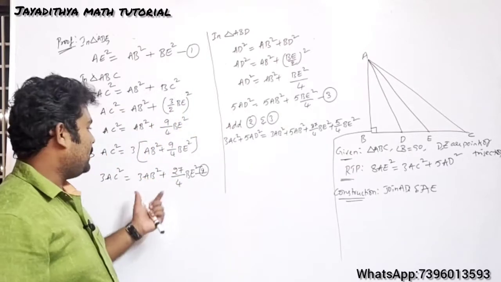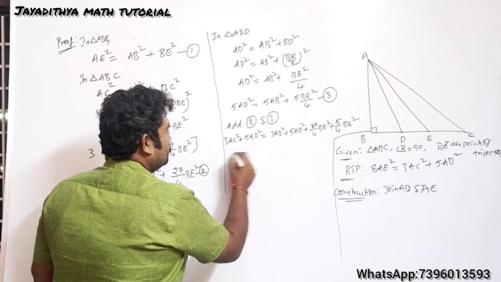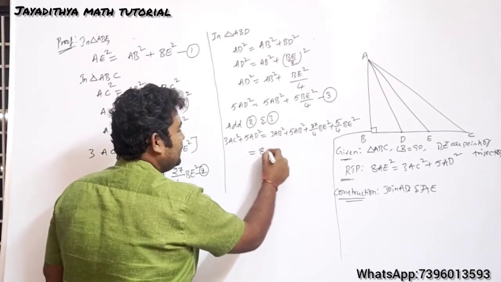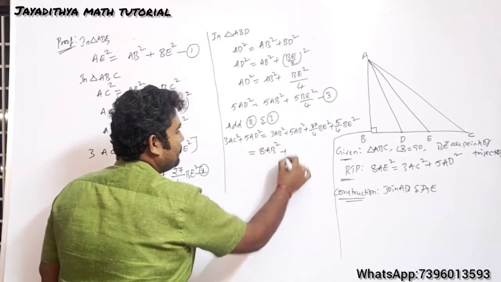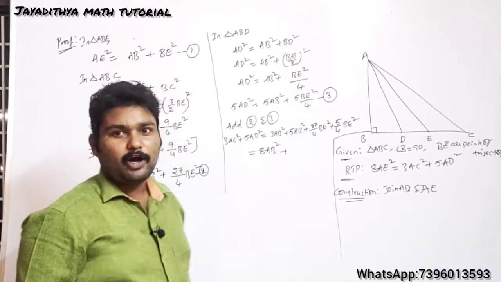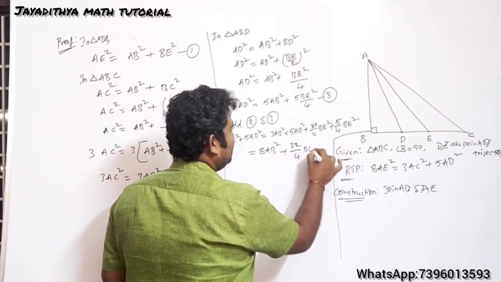Right now, just I am adding equation 2 and equation 3. So simplify this one. I am simplifying only the RHS part here. 3AB square plus 5AB square is nothing but 8AB square plus, see here the denominators are same, 4 and 4. 27 plus 5, how much it will be? That will be 32. 32 by 4 BE square now.